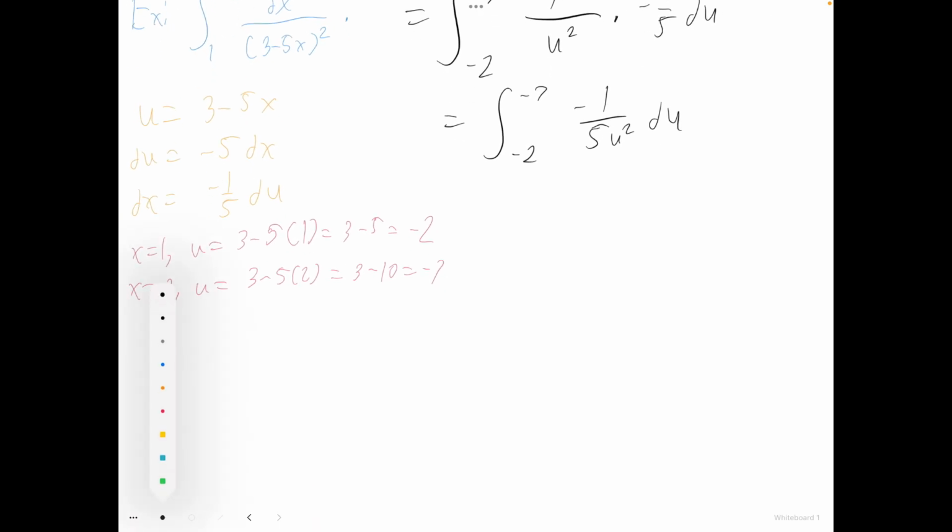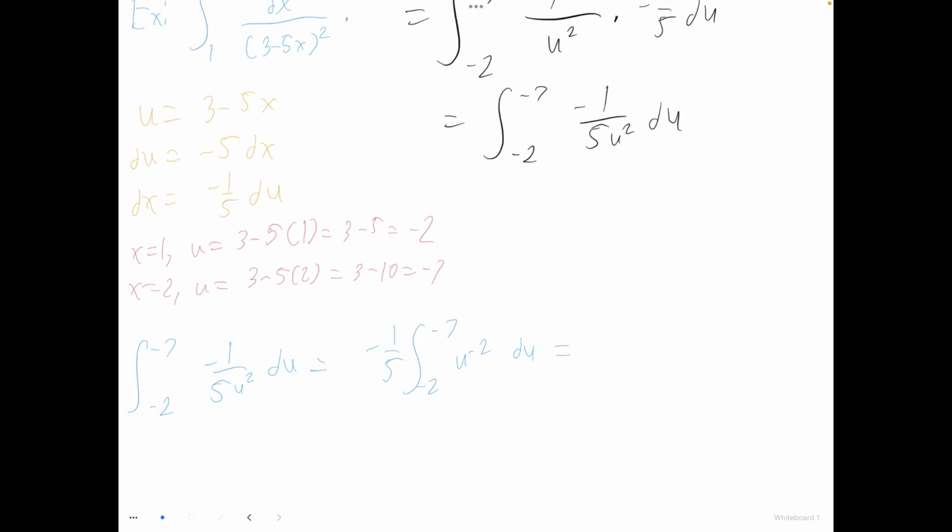It's just that expression, and so I'm going to write it down here. Well, pulling our negative 1/5 out, we have negative 1/5 times the integral from negative 2 to negative 7 of 1 over u squared du. But remember, 1 over u squared is the same as u to the minus 2.